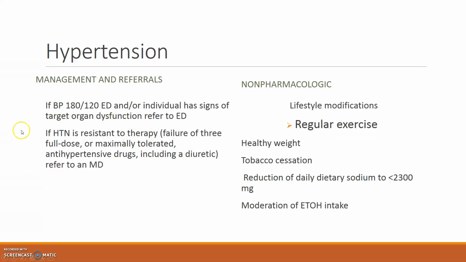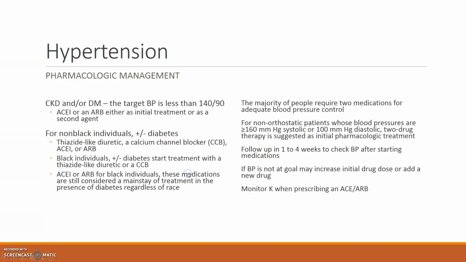You have to be thinking why. There's probably a secondary cause. Non-pharmacologic: lifestyle modifications with regular exercise, loss of weight, tobacco cessation, reduction of daily sodium intake, which is recommended at less than 2,300 milligrams a day, a little bit over 2 grams a day, and moderation of alcohol intake.